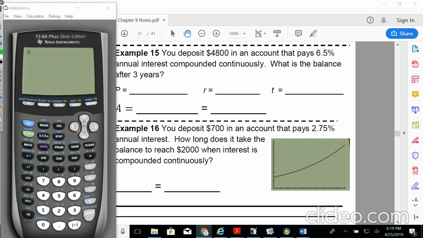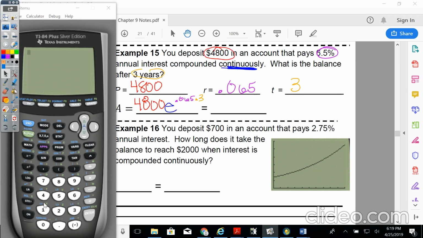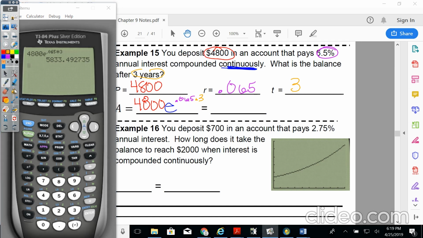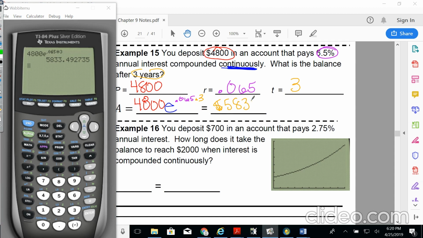Looking at the answer for this part, we did 4,800, second ln gives us E with the exponent, 0.065 times 3. That gives us that the balance after 3 years would be $5,833.49.